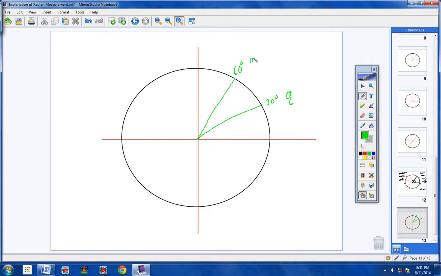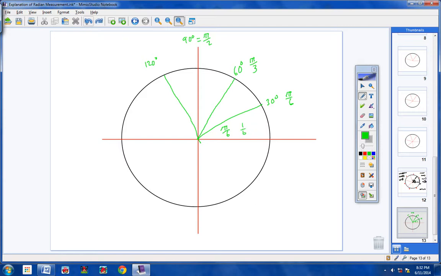So it would be the same thing as pi over 3, or 1/3 pi. Now, if I go another 30 degrees, we know that's 90, which of course would be pi over 2.